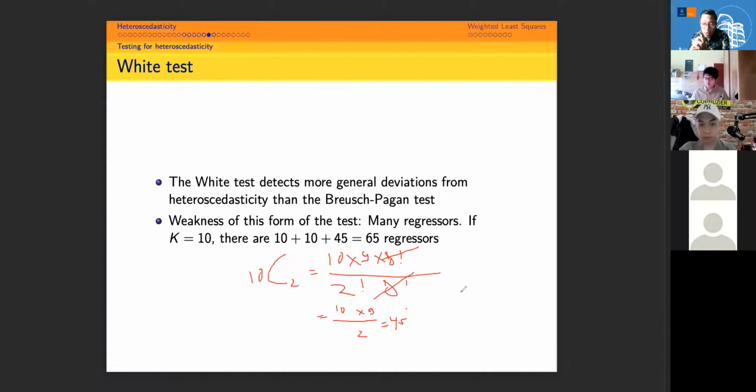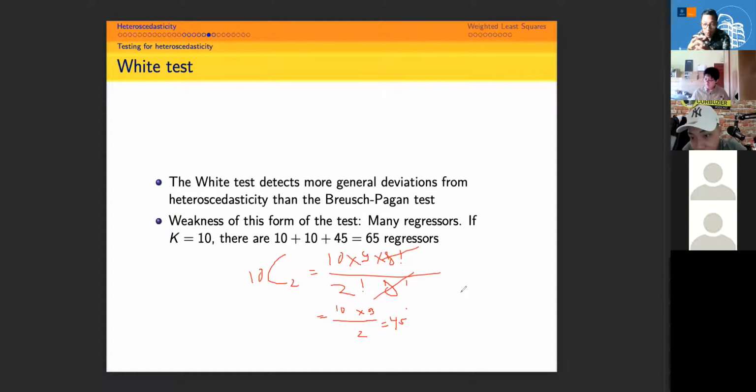Okay, so depending on the size of your data, it could be not appealing, since you have a lot of regressors. And in practice, there are regressions that use hundreds, if not thousands, of variables, and so you can easily see that if you have hundreds or thousands of explanatory variables, then the White test is going to go wild.